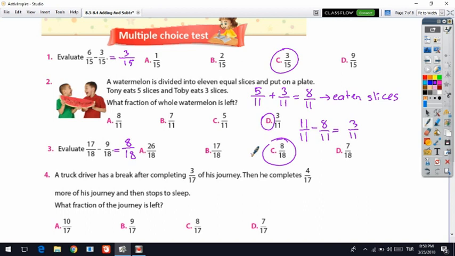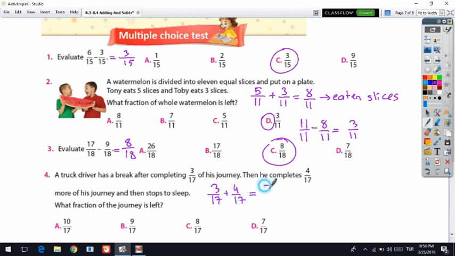A truck driver has a break after completing 3 over 17 of his journey. Then he completes 4 over 17 more of his journey and then stops to sleep. What fraction of the journey is left? First, completing 3 over 17, everybody. After that, he completes 4 over 17.